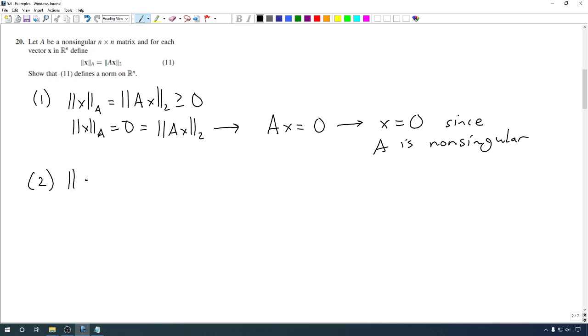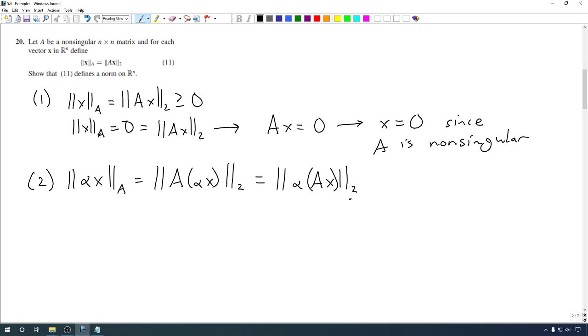What about the A norm of a scalar times x? Can we pull that scalar out? Well, again, we go back to our definition. Our definition is that we're going to have the 2 norm of A times the vector that we have in here, which is alpha times x. Well, A times alpha times x, we can pull that scalar out into the front. So this is alpha times Ax.